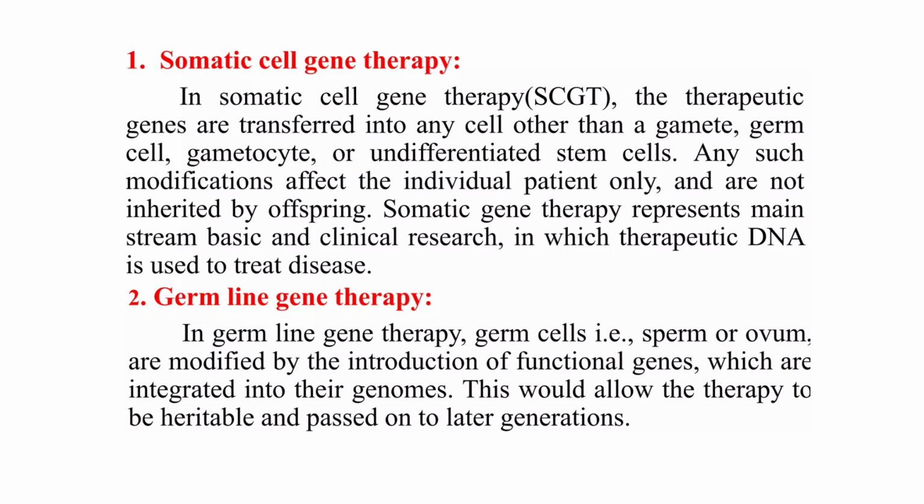So, somatic gene therapy represents mainstream basic and clinical research in which therapeutic DNA is used to treat the disease. So, in simpler words, the change that is made in these somatic cells is not passed on to the offsprings, but it's only reflected in the individual to whom you do somatic gene therapy.